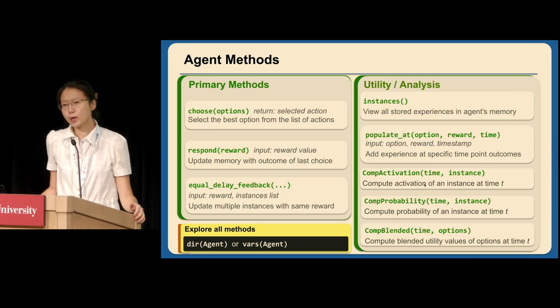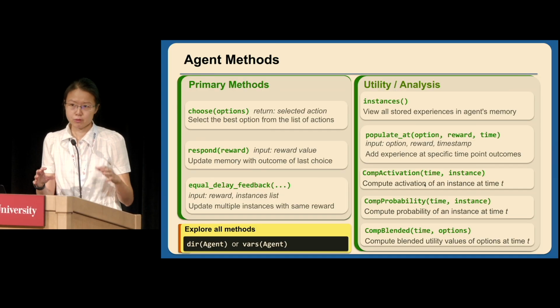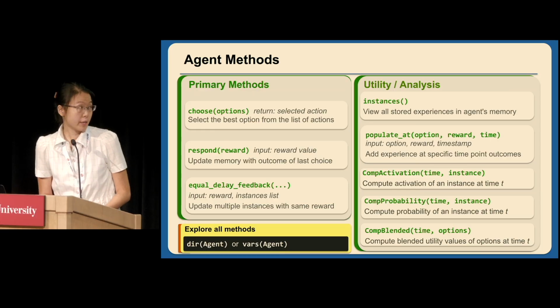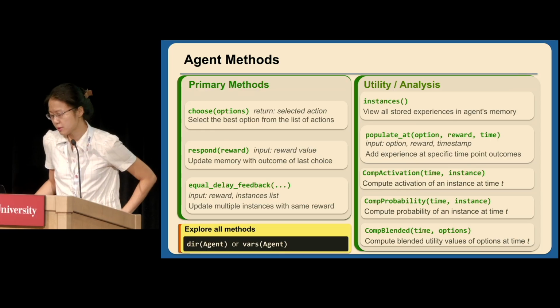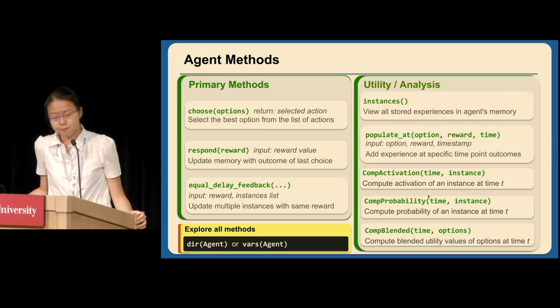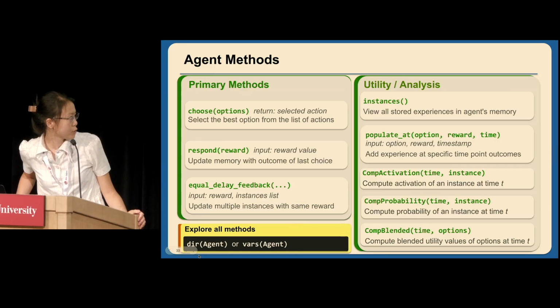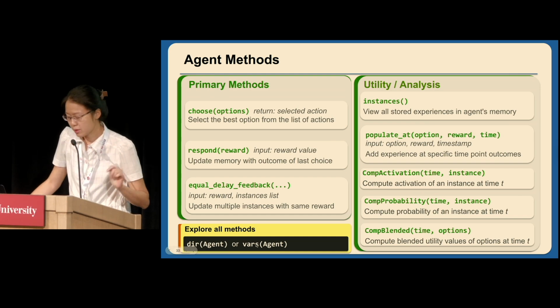Okay, so we find that all these functions help to trace the behavior of the agents, which helps you to understand a more explainable agent here. There are still quite a few functions, and if you want to see more, you can use these helper functions and also this one.